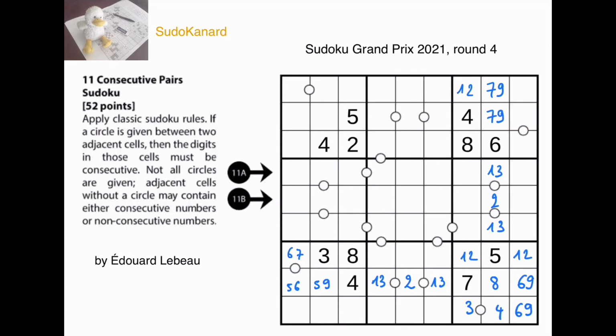We know that one of the digits must be odd and the other must be even. But you see that we already have 3 even digits here. So the only even digit available here must be a 2. And therefore this is a 1, this is a 2, this is a 1. So there must be a 2 and the other digit must be 3. And this 2 disambiguates, and this is a 5.